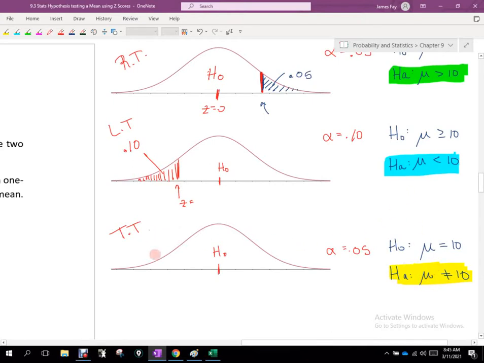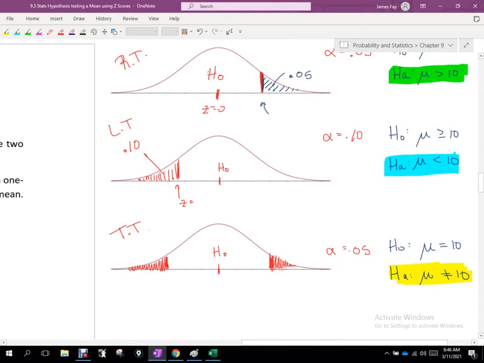When you don't specify a direction, it leaves it open to having a critical region there and a critical region there. In those critical regions, we still have to abide by alpha being 0.05, and that is the total area of the critical regions, regardless of how many critical regions you have.